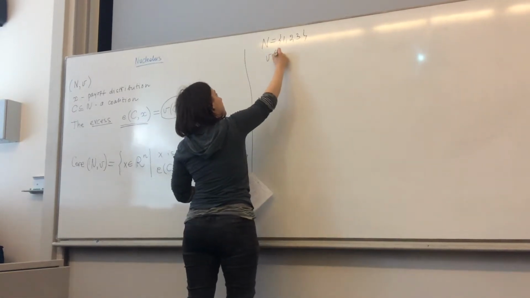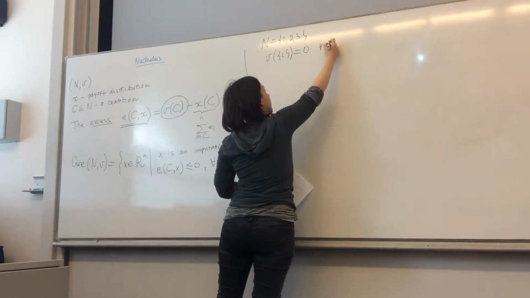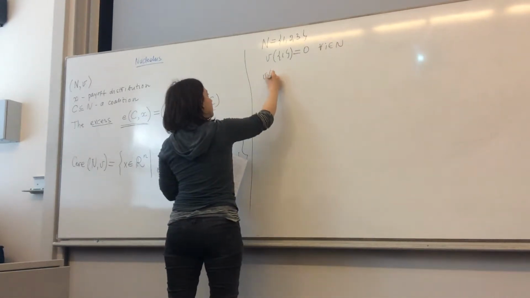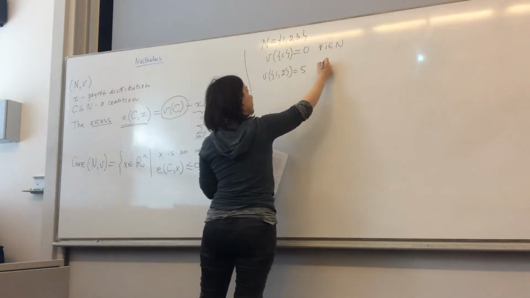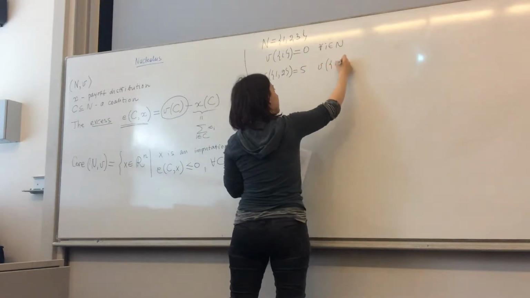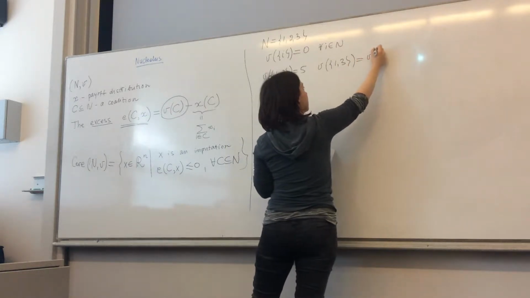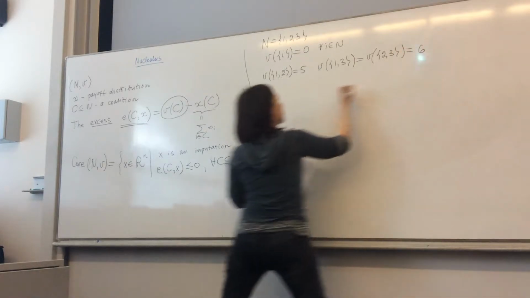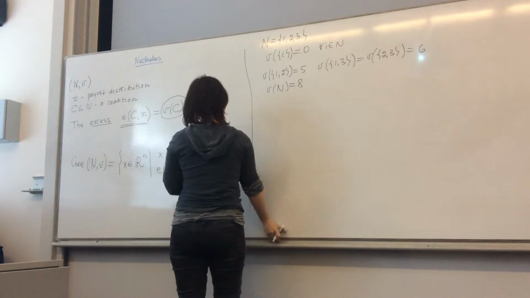Let each singleton get 0, and the pairs would get: 1 and 2 would get 5, 1 and 3, as well as 2 and 3, would get 6, and the grand coalition would get 8.